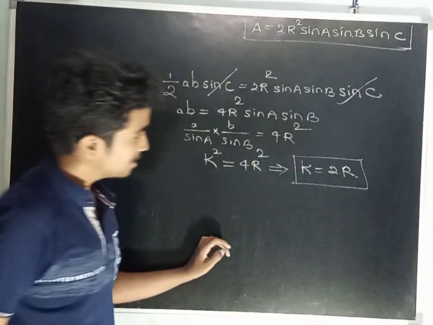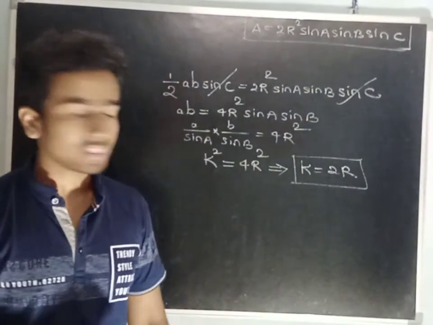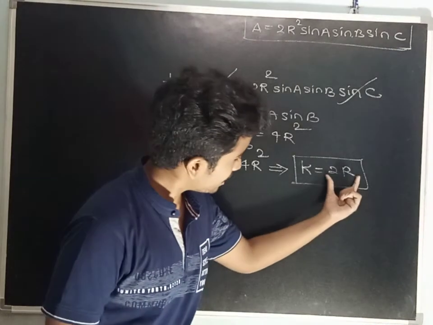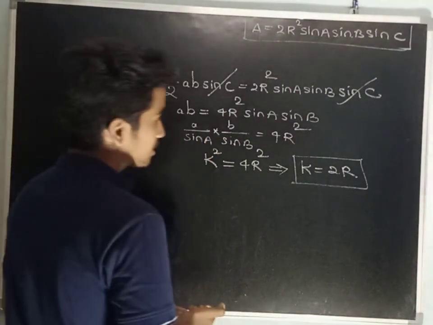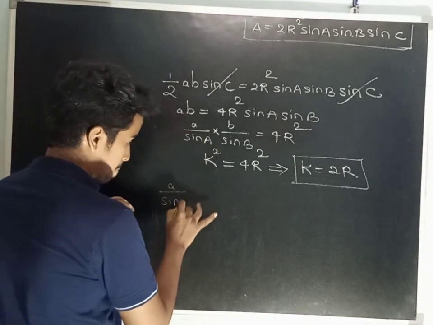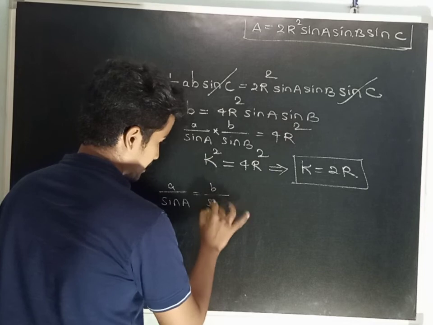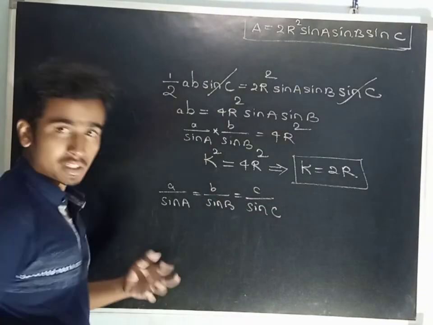See? Here is another thing. The constant K is nothing but twice the radius of the circumcircle. It means a by sin A is equal to b by sin B is equal to c by sin C. I am again coming to the sine rule.